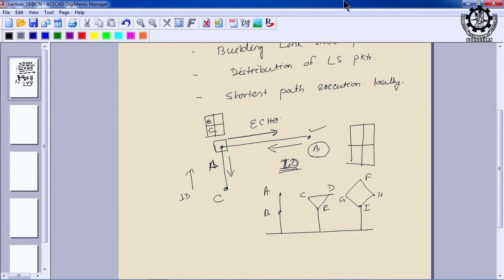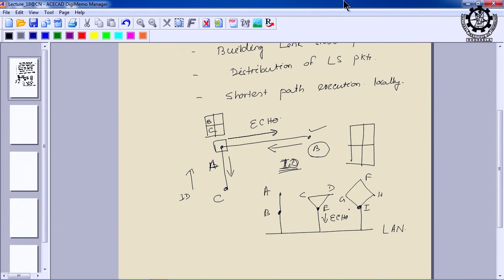Now we know that B, E and I, these 3 are connected to this LAN. So when E sends an echo packet, who are the neighbors of E?